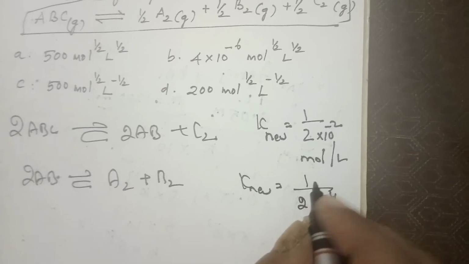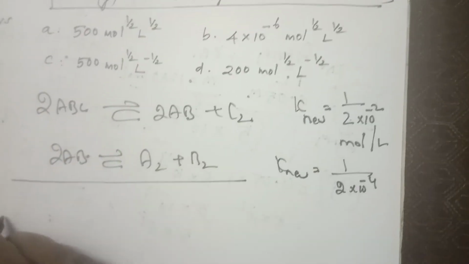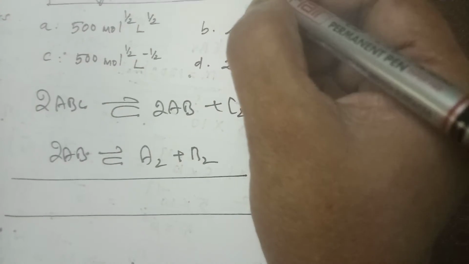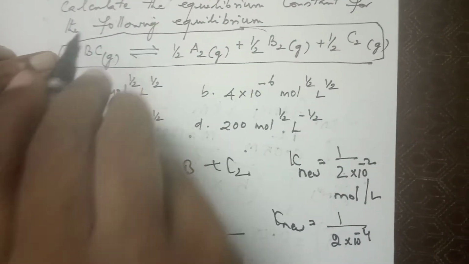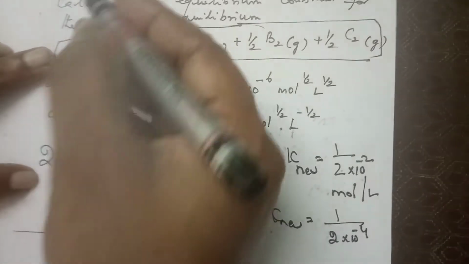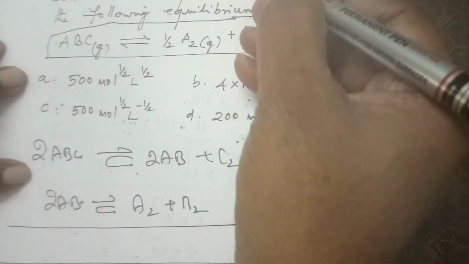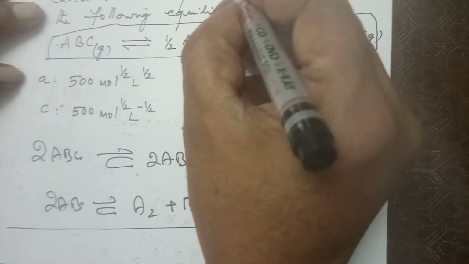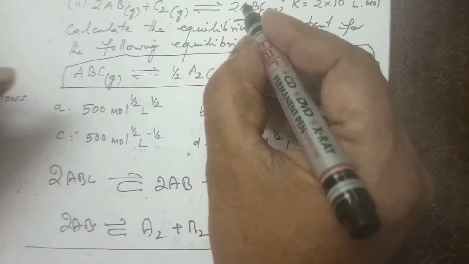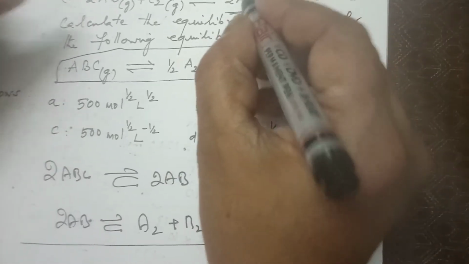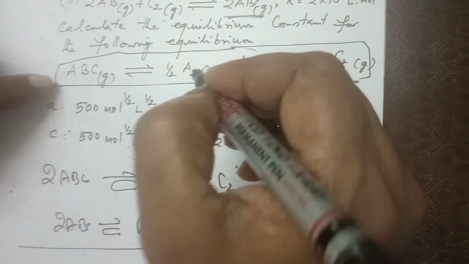Next, finally, what we have to do is, here still work was there. Let me start from here. ABC is 1, here it is 2. That means this is multiplied. So the second equation is given as 2, whereas what you want is only 1. So this should be divided by 2, and you get the resultant.